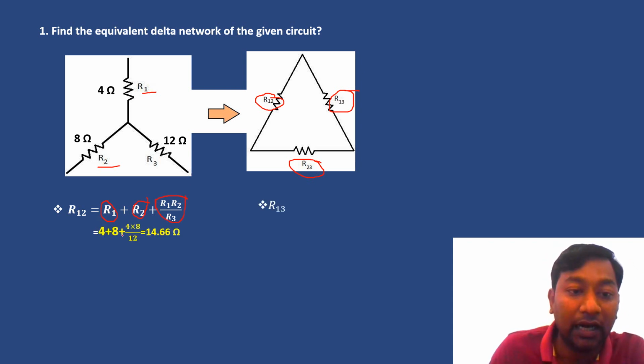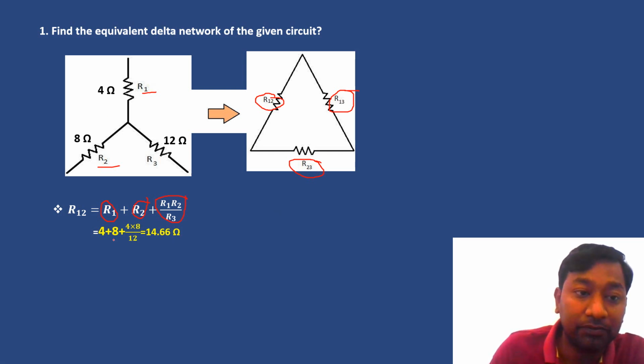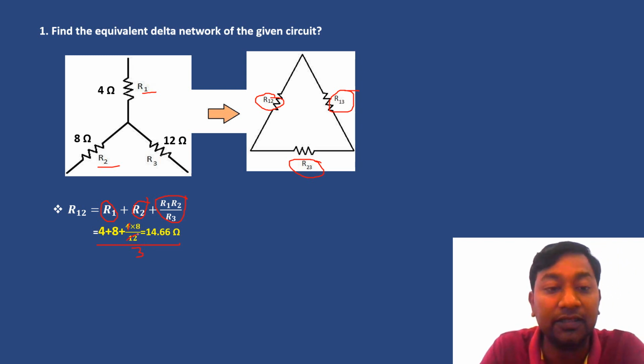Now we will write R1 value is 4 ohm plus 8 ohm plus 4 into 8 divided by 12. So we are getting the answer 14.66 ohm. 4 plus 8 means 12. Here we are getting 8 divided by 3, from 4 into 8 divided by 12. So this 8 by 3 equals 2.66 ohm. So we are getting 14.66 ohm.